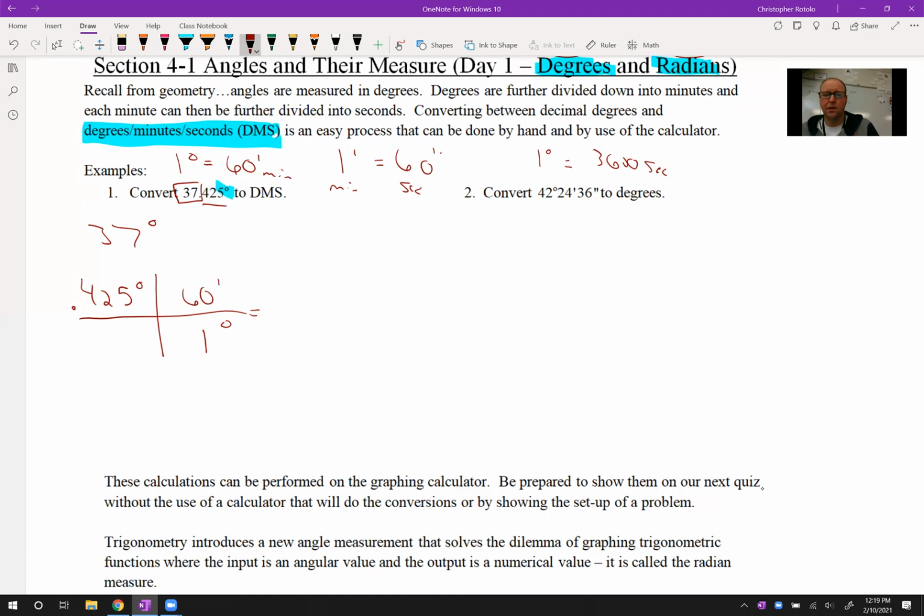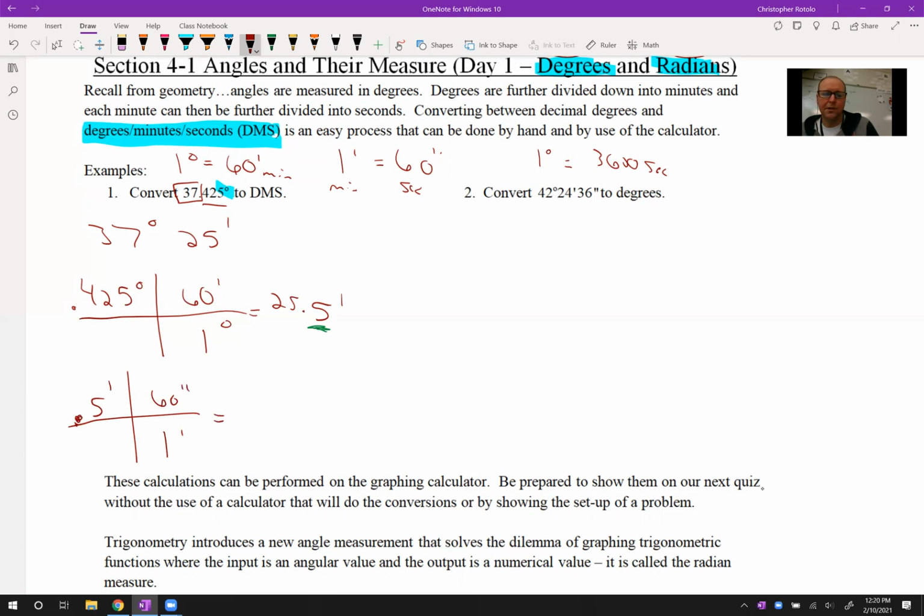So let's see what we end up with here. So 60 times that, we're at 25.5, and now we're in minutes, right? So what I know right now is I have 25 minutes, but I have this leftover part. And as much as I like leftovers, nobody else in my family will eat them. So if I have 0.5, and now that's minutes, what I'd like to do is take that from 1 minute is going to be 60 seconds.